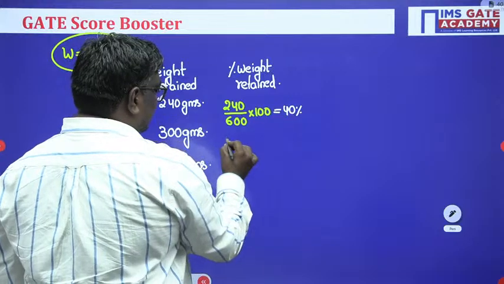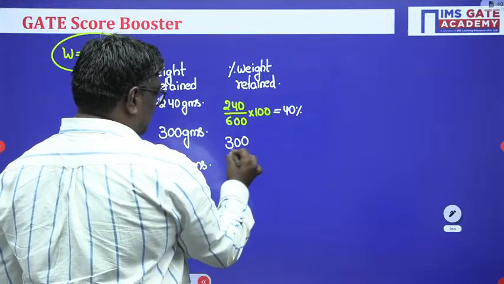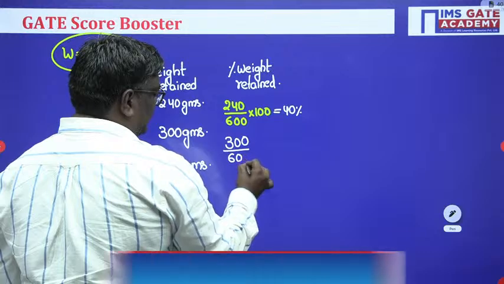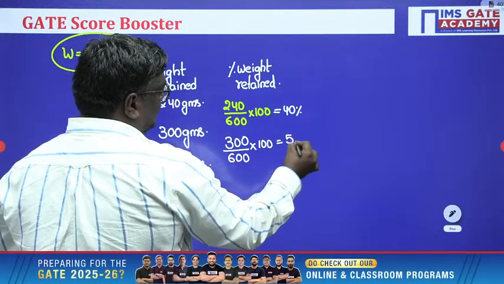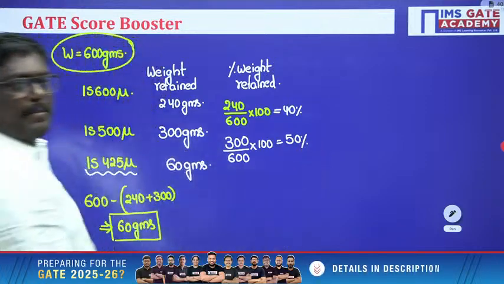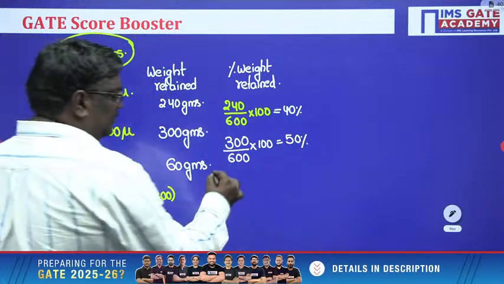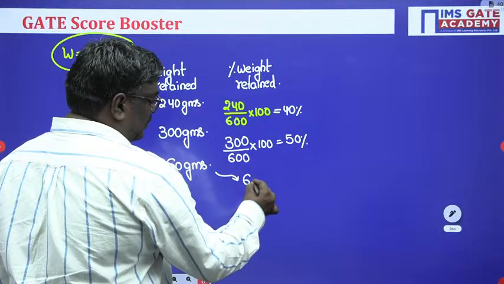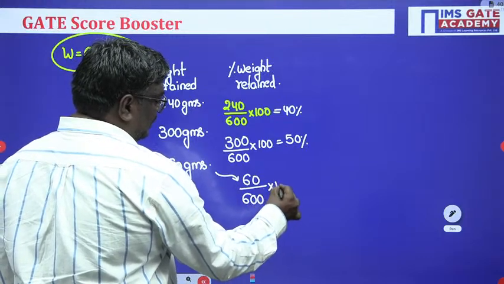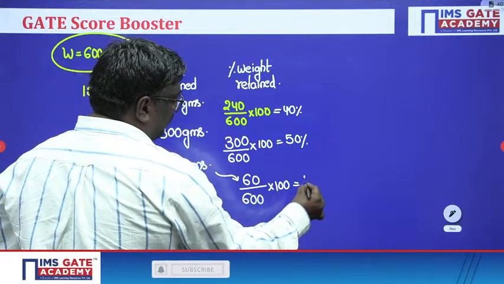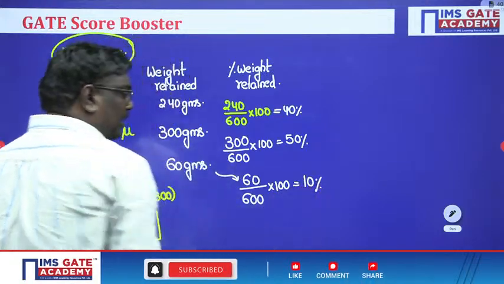If it is 300 by 600 into 100, this is equal to 50 percent. If it is 60 grams, this is equal to 60 by 600 into 100.